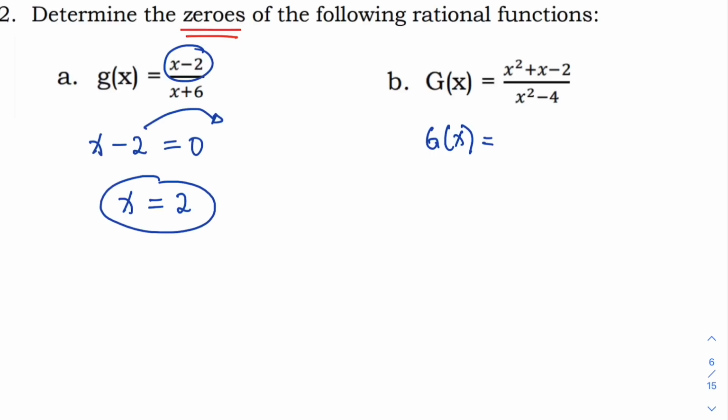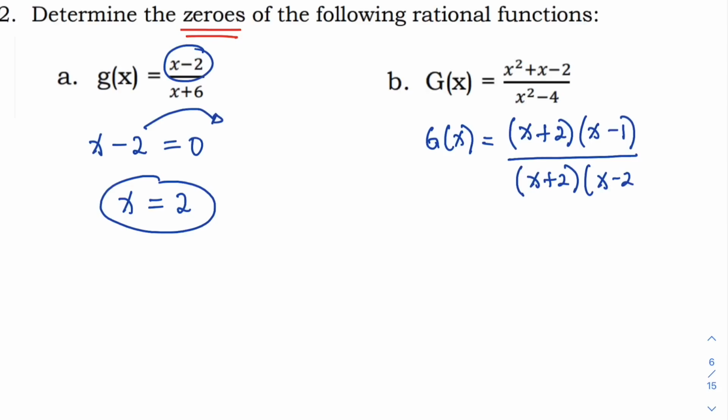So, by factoring, alam naman natin na yan ay same lang ni x plus 2 times x minus 1. Tama? All over. Factor natin si x squared minus 4. So, that is x plus 2 and x minus 2. Okay? So, ngayon guys, we can cancel out x plus 2. So, ang bago nating function is equals to x minus 1 over x minus 2.